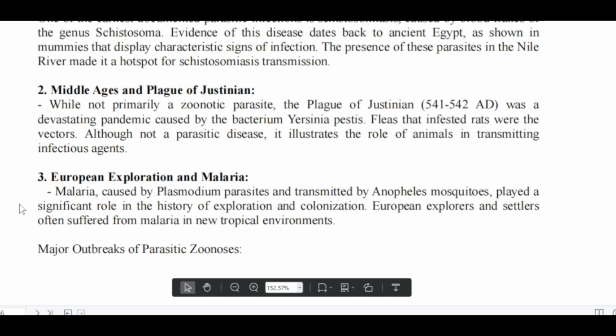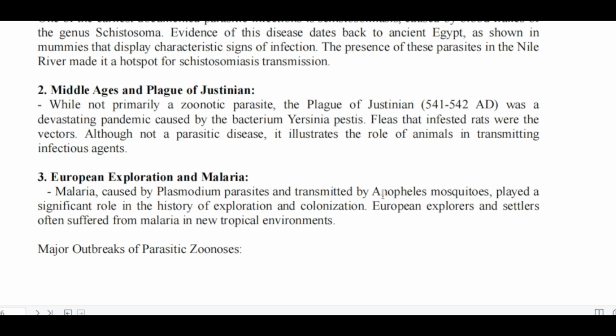Then you have European exploration and malaria. Malaria, caused by the Plasmodium parasite and transmitted by Anopheles mosquitoes, played a significant role in the history of exploration and colonization, especially of the African countries.